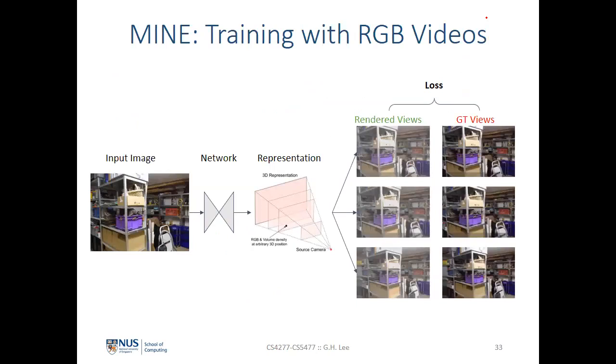We use a video, that means in the video dataset, you have a video that takes around the scene. It's a static scene. You just need to take any source view from one frame and render it onto a target view or many target views in the scene to train your network using this loss function.